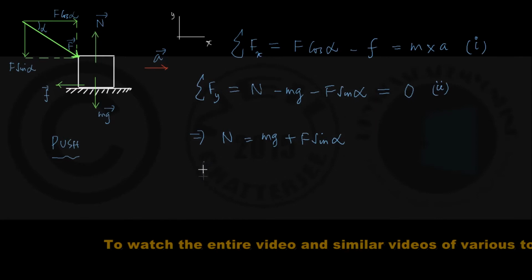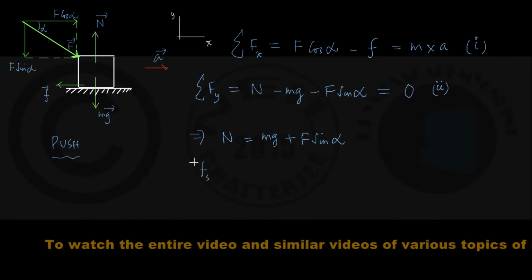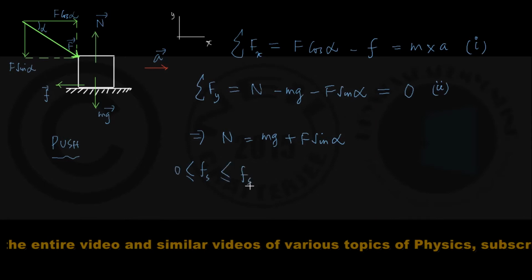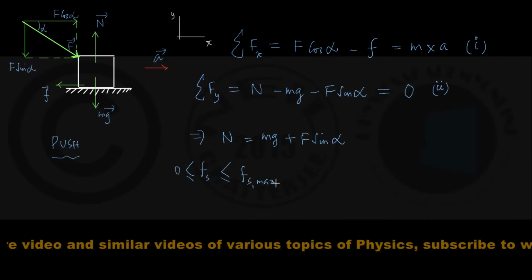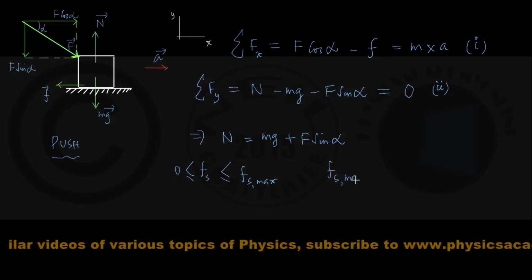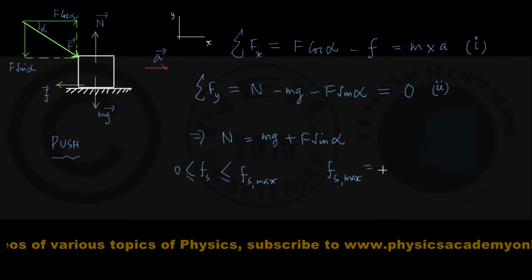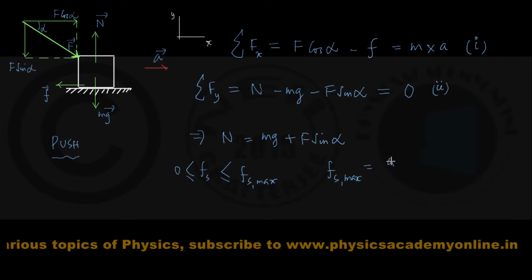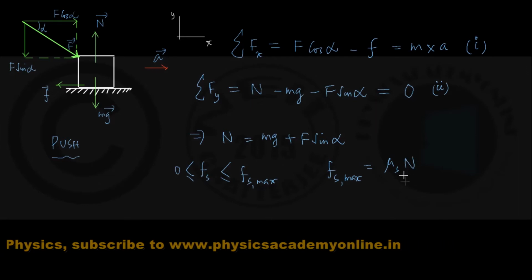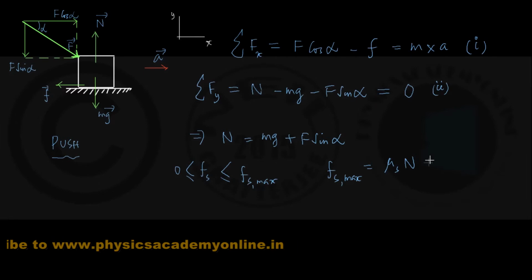we know that there is static friction, whose value might vary between 0 and Fs max, being called limiting friction, and the value of Fs max, you are aware, is given by the law of static friction, that is static friction coefficient mu s multiplied by N. So when the body begins to move, now in this case, let us find this value.